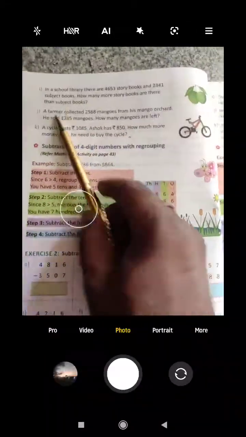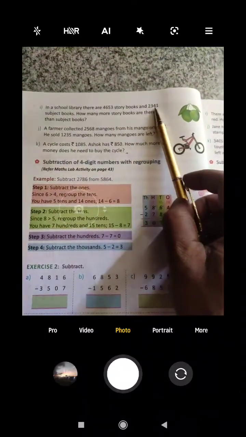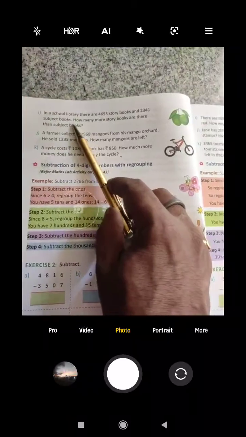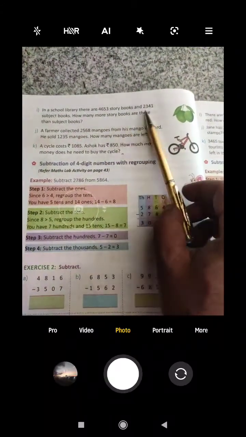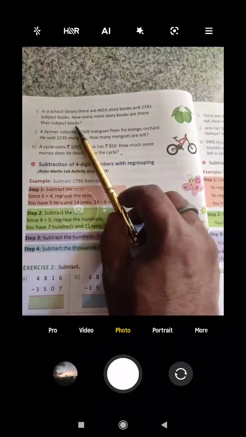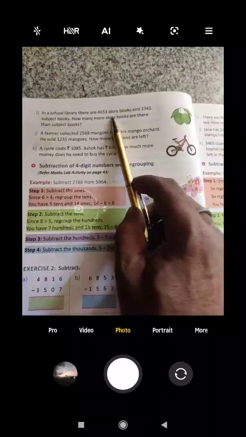Even here I will tell you about these things also. In a school library there are 4653 story books and 2341 subject books. How many more story books are there than subject books? Subtract this one, so it will come automatically.